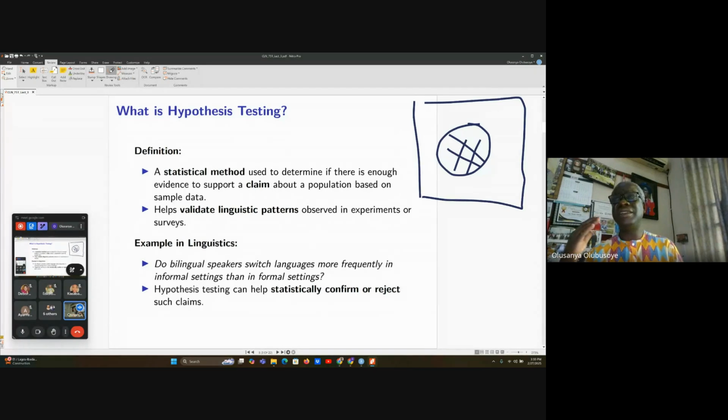We have to define our population, but let's say we are focusing on students. So the square bracket that you see there is the population of students.